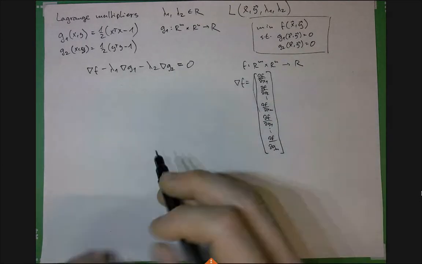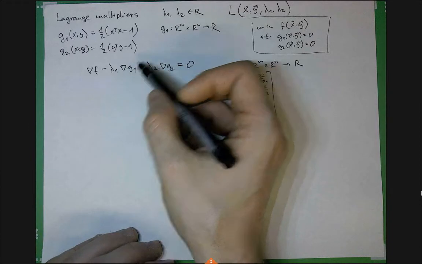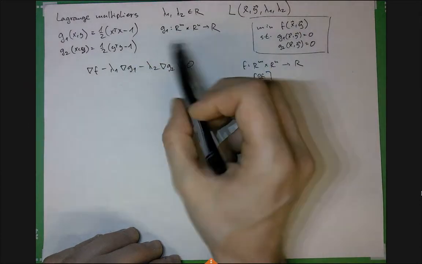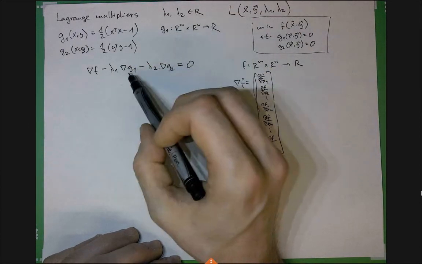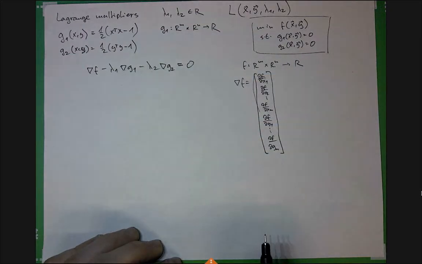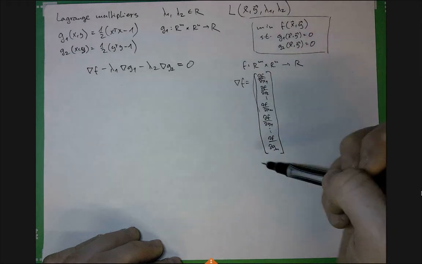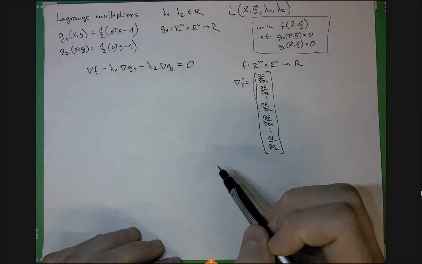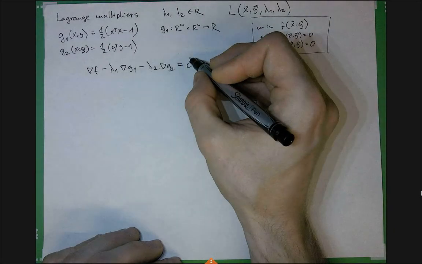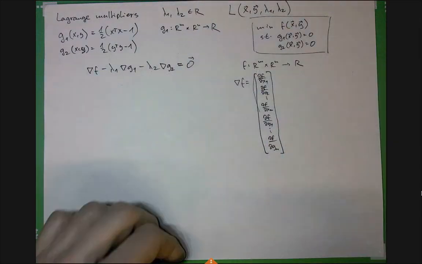The same thing is also true for the gradient of g. The g is a function of the same type. So g1 and g2 both have the same type, and the gradient of g1 and gradient of g2 are the same thing. Those are just m plus n dimensional vectors. The same thing on the right. What is the 0 here on the right?